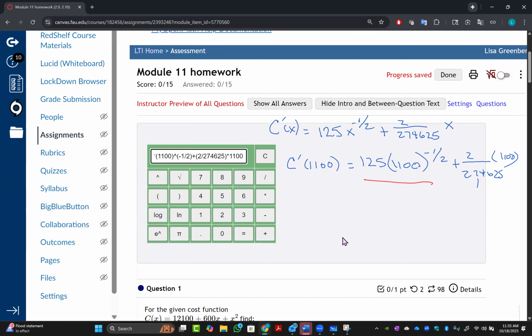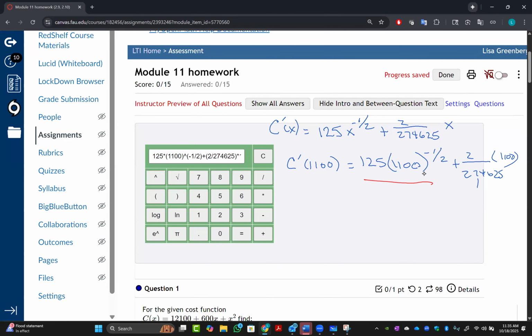Or I can put it in as 2 times 1100 divided by 274,625, which I probably would normally do, because this is really over 1, so we multiply this. But just to not change anything, I put it in the way it came out. You could do it the other way as well. There's more than one way.